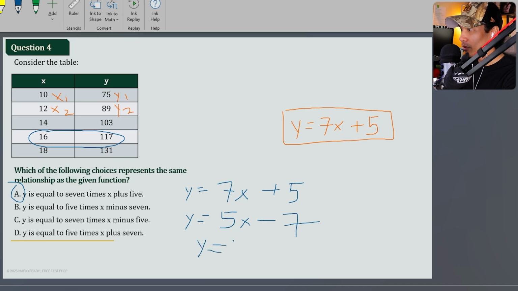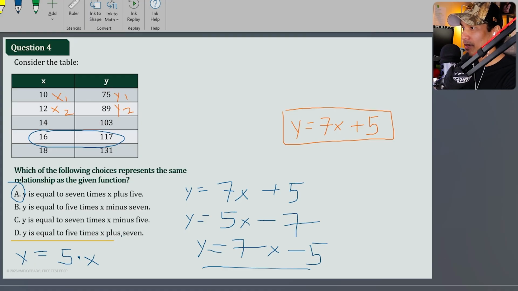So again, y is equal to 7 times x minus 5. And that's what we have here. And then y is equal to 5 multiplied, and I'm going to put a dot here to multiply, multiplied times x plus 7, so we have plus 7.